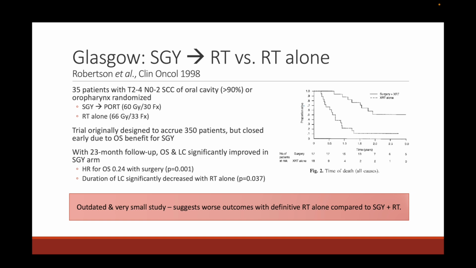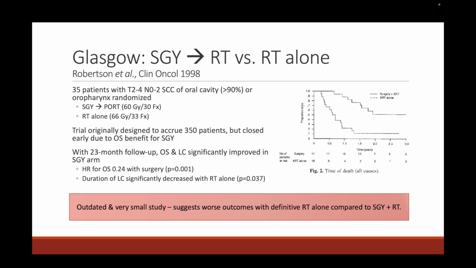These patients were randomized to either surgery alone, followed by postoperative radiation to 60 Gray, or radiation alone. Now, the trial was originally designed to accrue 350 patients, but they closed early because they saw a significant overall survival benefit with surgery.